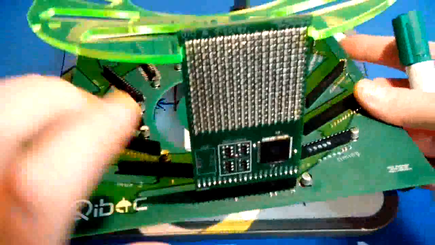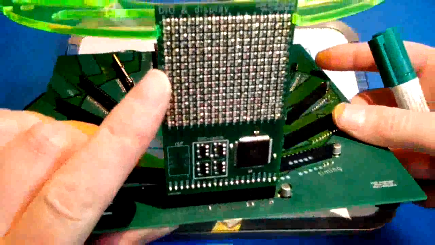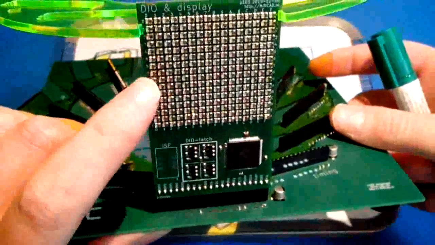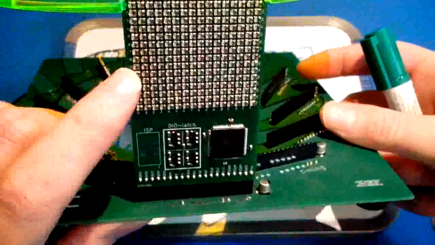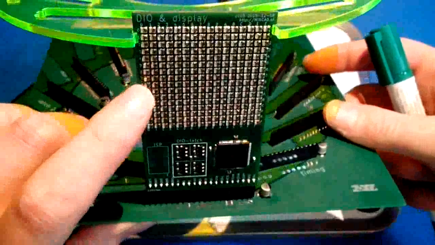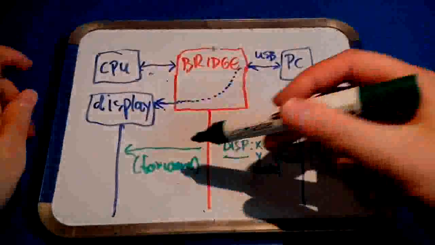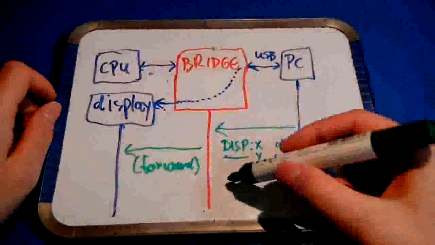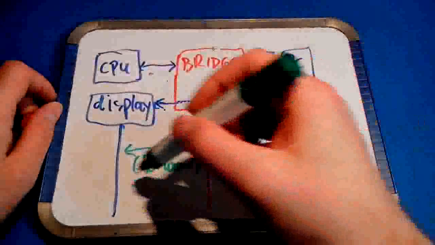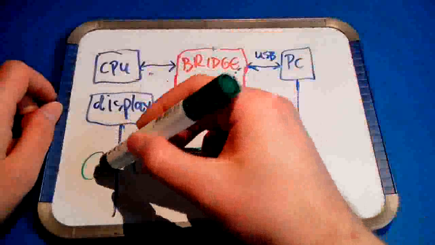And the display is very subject to change. At this moment there's a 16 by 16 LED matrix. I think I'll make it an 8 by 8 LED matrix or something like that. But that's essentially how it works. And the display does its thing, right?